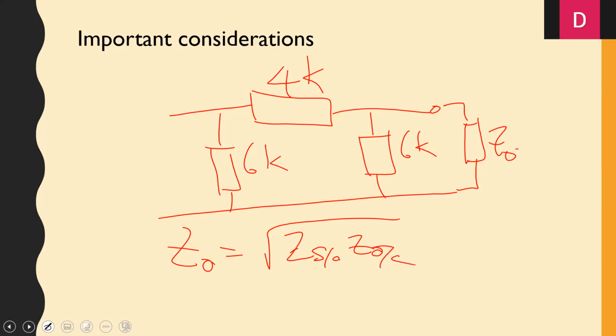Yes, sir. All right. So for this network, what would be the short circuit impedance? So you would consider the short circuit of the port 2, so that would take out the 6K and you would have 6 in parallel with the 4. Okay. So that gives us 24 over 10. And for the open circuit?